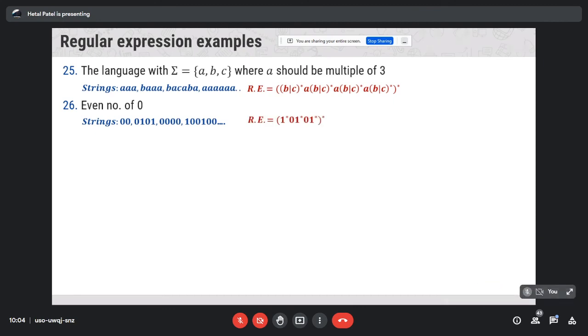Right. If you are designing, that's too good. So this is the RE for this one, even number of 0.